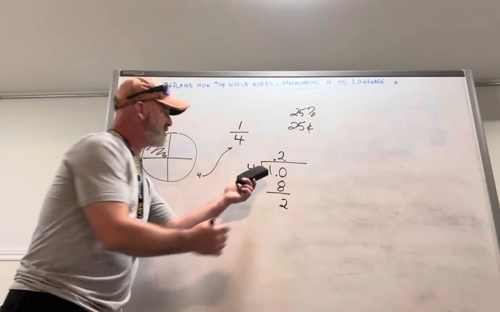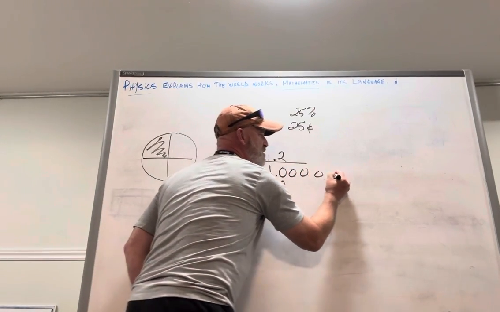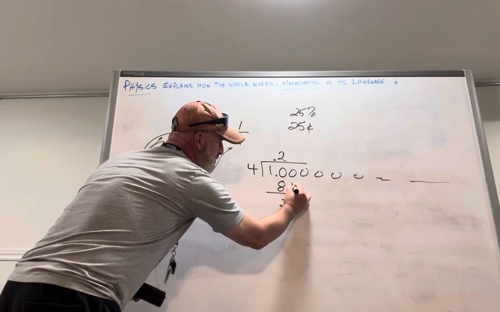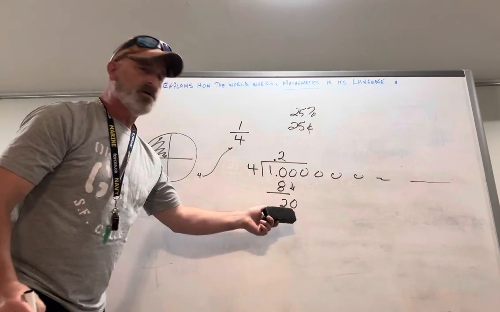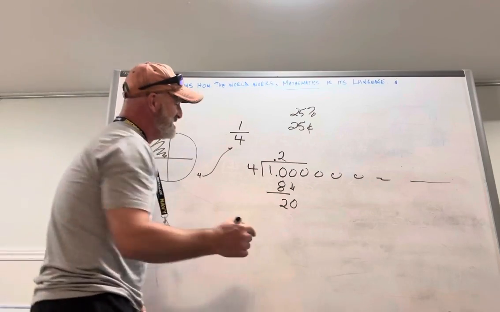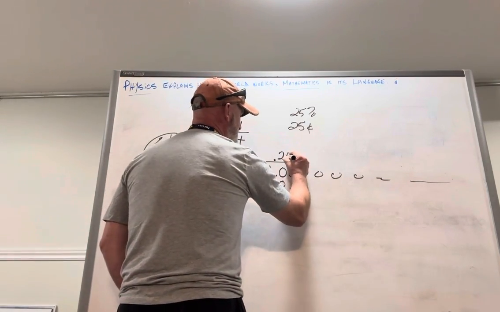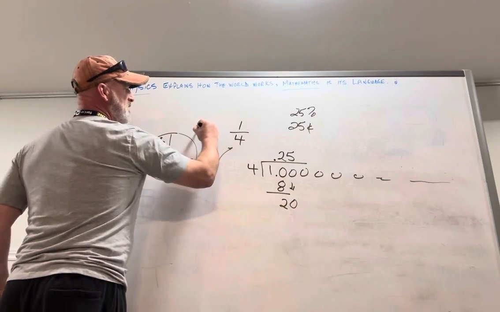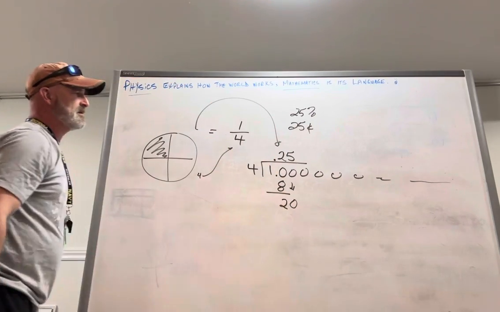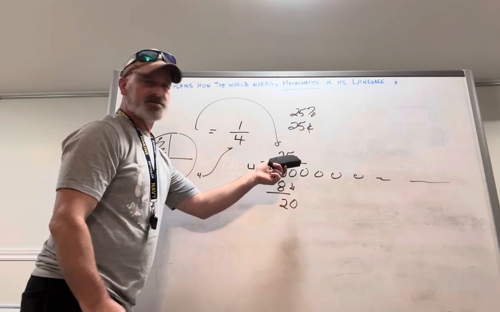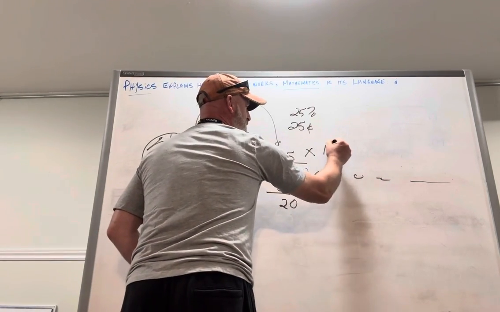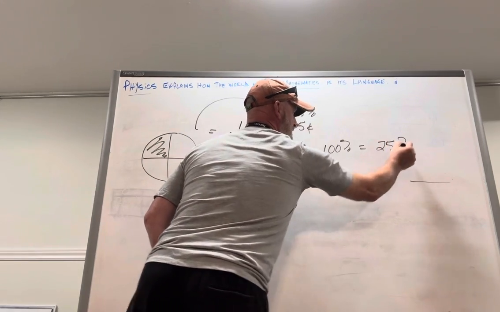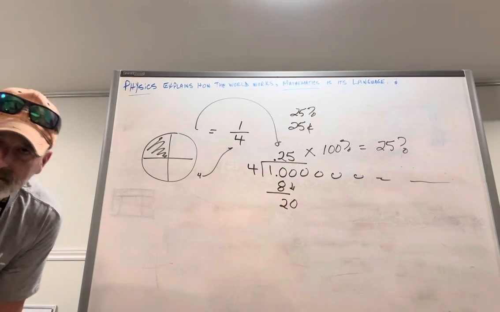What happens after this zero? There's all kinds of zeros. And then you get to bring one down. And then you go, well, 4 goes into 20 five times. This is starting to make sense. This, as a decimal, is 0.25. And that, as a percentage, you can multiply by 100, which equals 25%. And that's as basic as it gets.